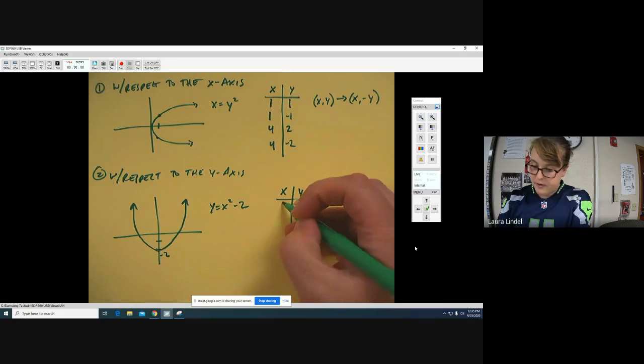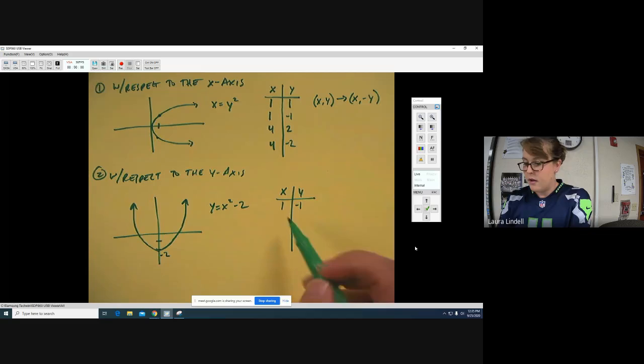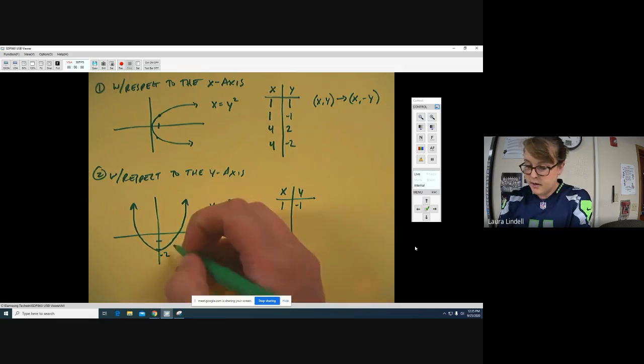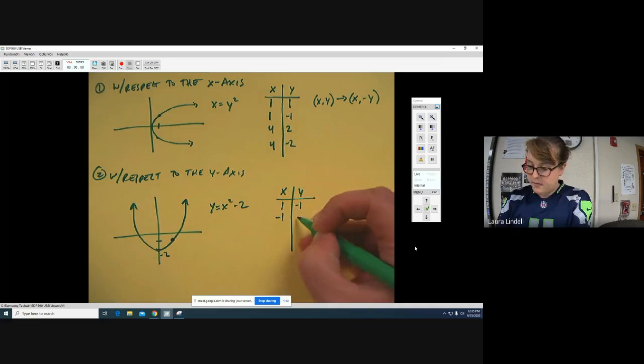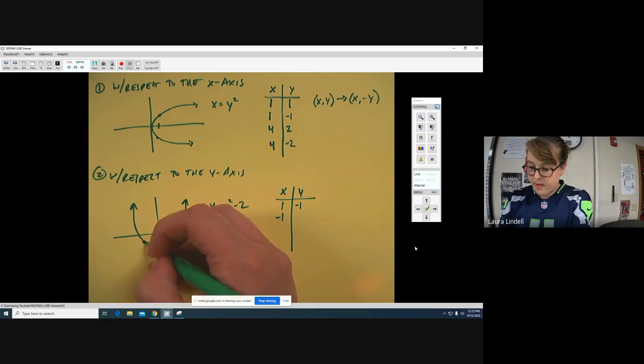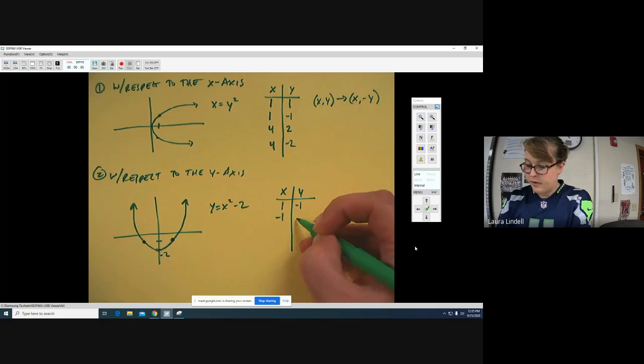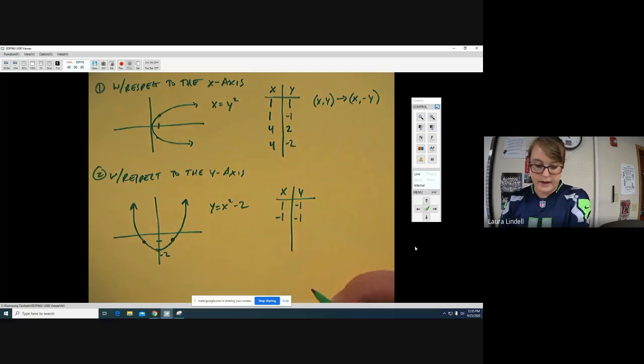So when x is 1, y is -1. When x is -1, y is also -1.